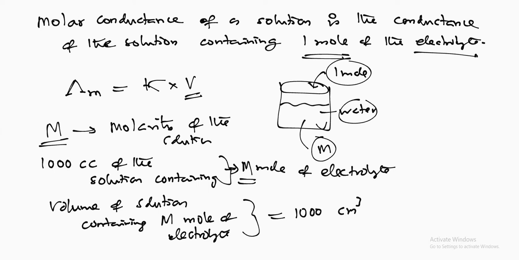Correct? If I say molarity is m, then m mole of electrolyte must be present in 1000 cc volume. Okay, what is the volume of solution containing 1 mole of electrolyte? If m mole is in 1000 cc, for 1 mole what is the volume? So it's nothing but 1000 by m, correct?